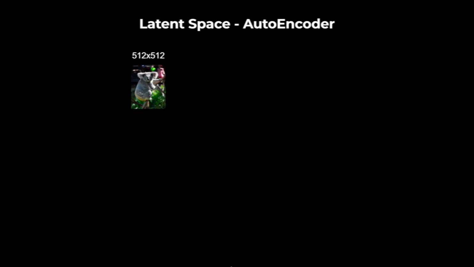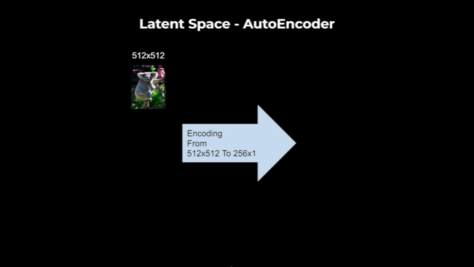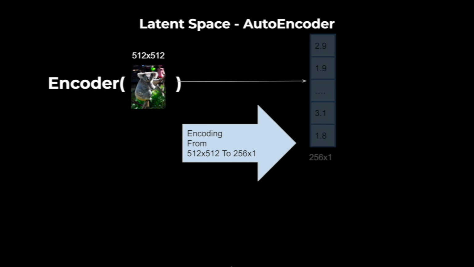Here you can see that we have a 512 by 512 image, and we are going to encode this image from 512 by 512 to a 256 by 1 latent space through the encoder. And these are the latent vector for the given source image.